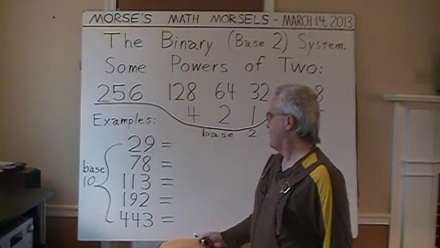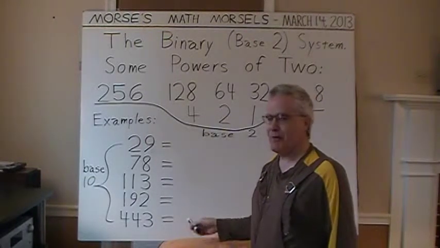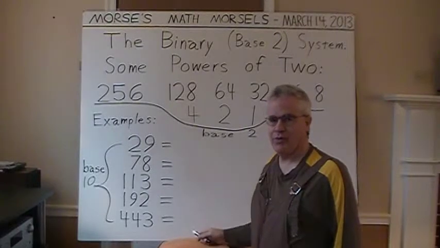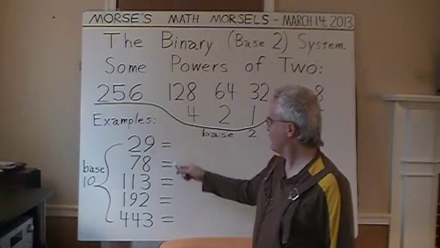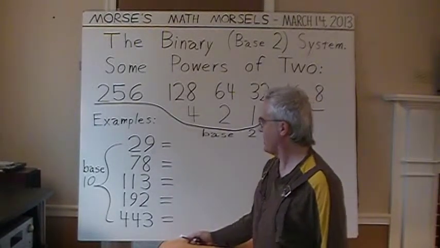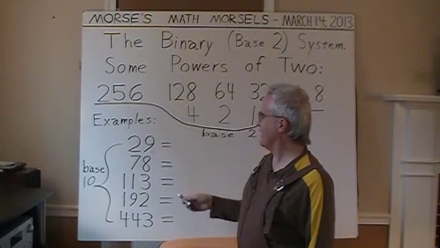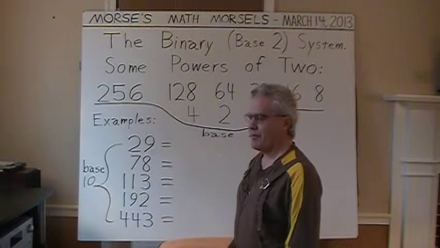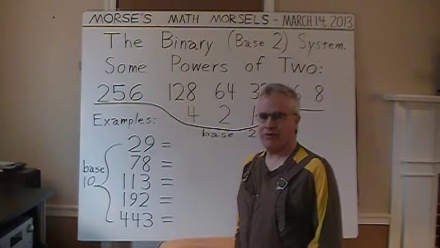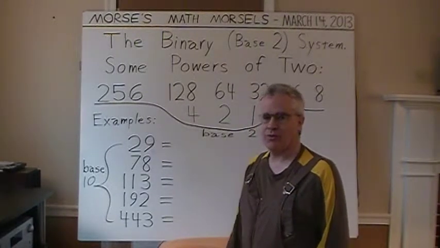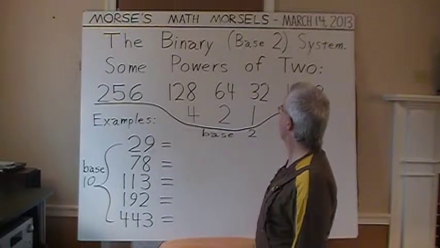So the method asks the question, how many of each power of 2 are required to make up each of these 5 sample numbers? I'm going to start with 29. The method is to find the greatest power of 2 that is equal to or less than 29.